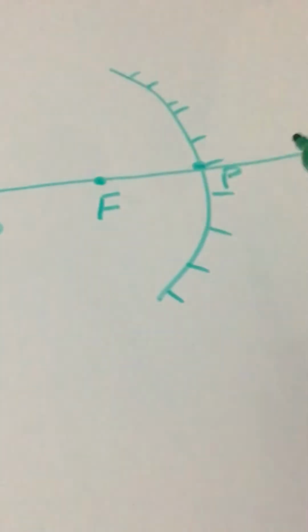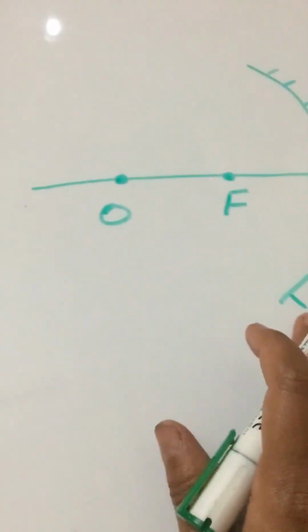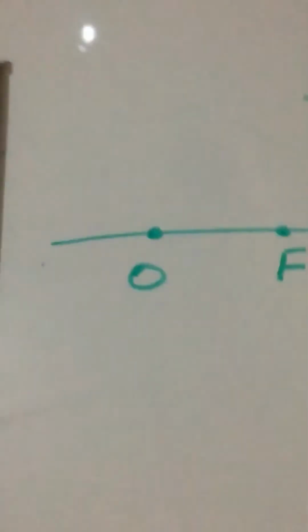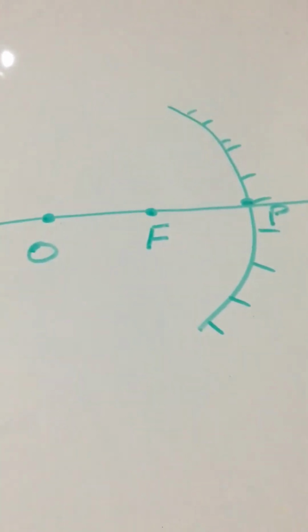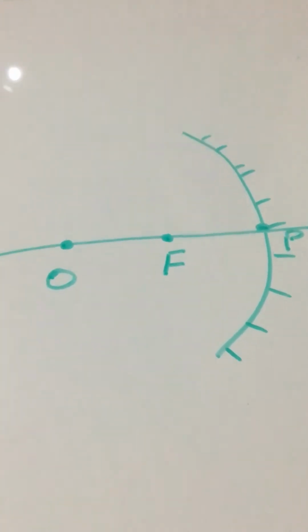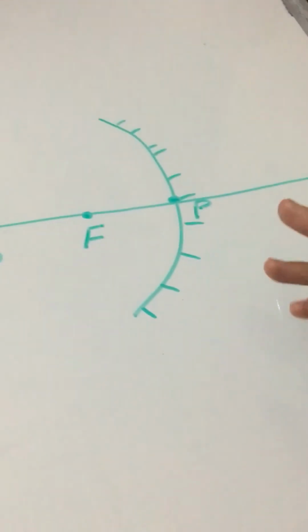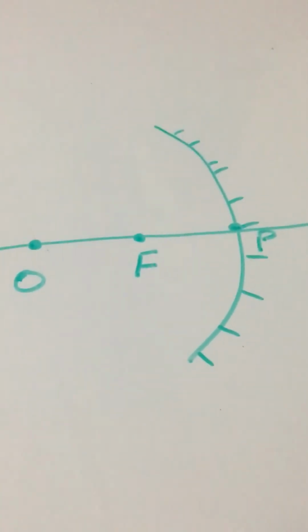Now, being a spherical mirror, depending upon where the object is, the images will be different, unlike the plane mirror. In the plane mirror, the image is always the same as the object.